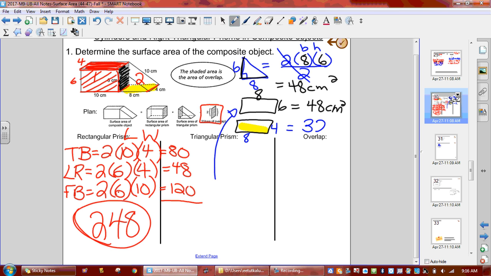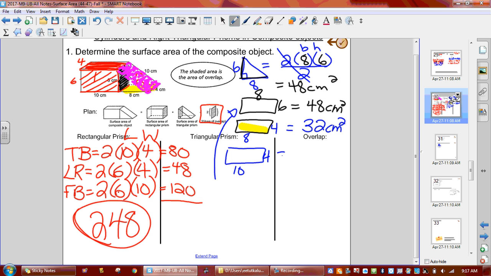Our third rectangle is the diagonal one. I'm going to outline it in purple here. It's this one right here. I'll shade it purple. It's that guy right there. So our numbers are 10 and 4. We multiply 10 and 4, and we're going to get 40 centimeters squared.